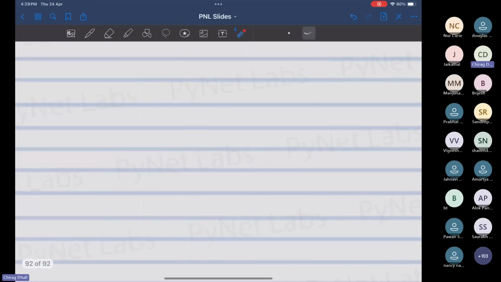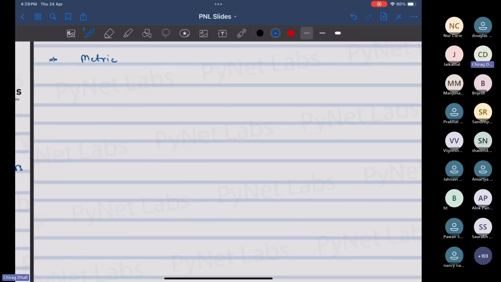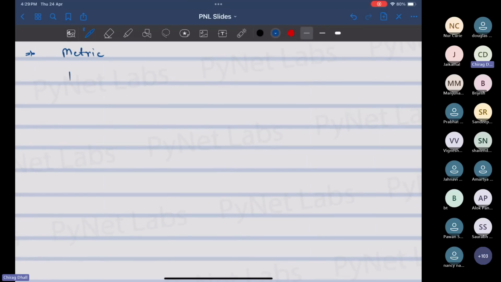For metric calculation of EIGRP, there are two types of values which are considered: some constant values and some variables. When we talk about the constant values, we take K1, K2, K3, K4, and K5.